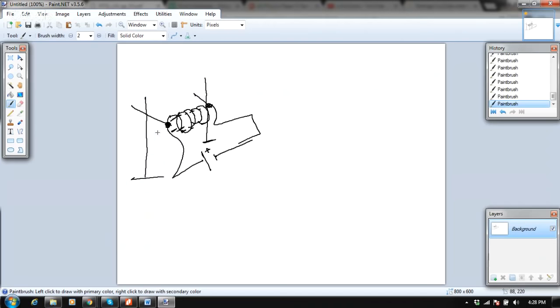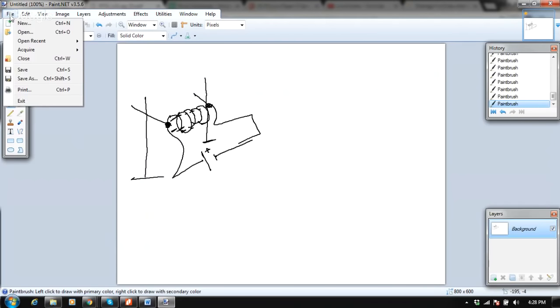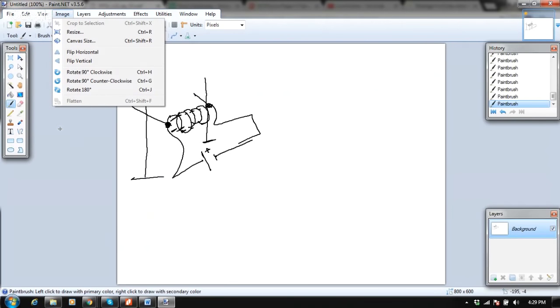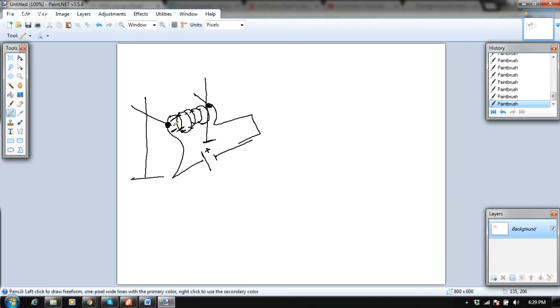And this line, I lost the color there too. Okay, here's the pencil. So this is the center of the coil.